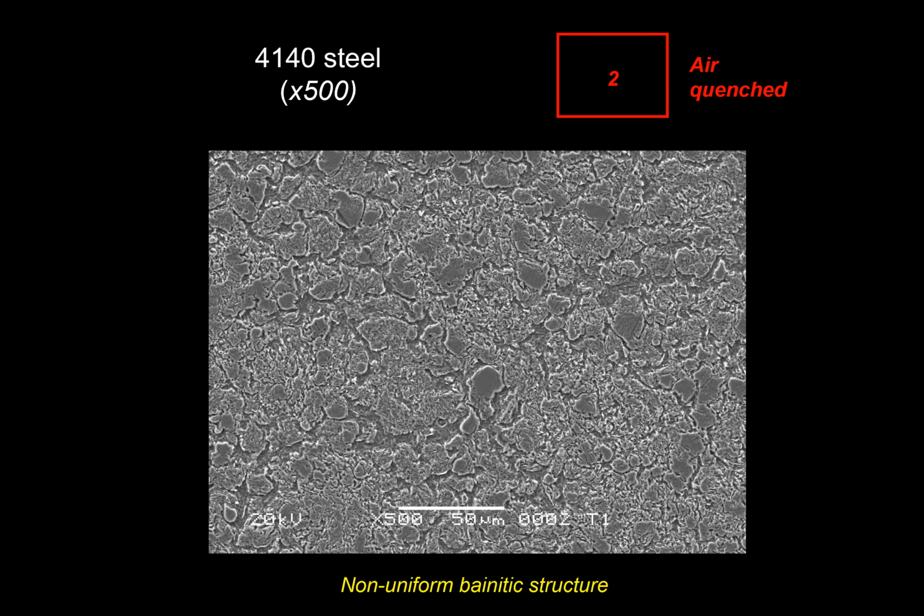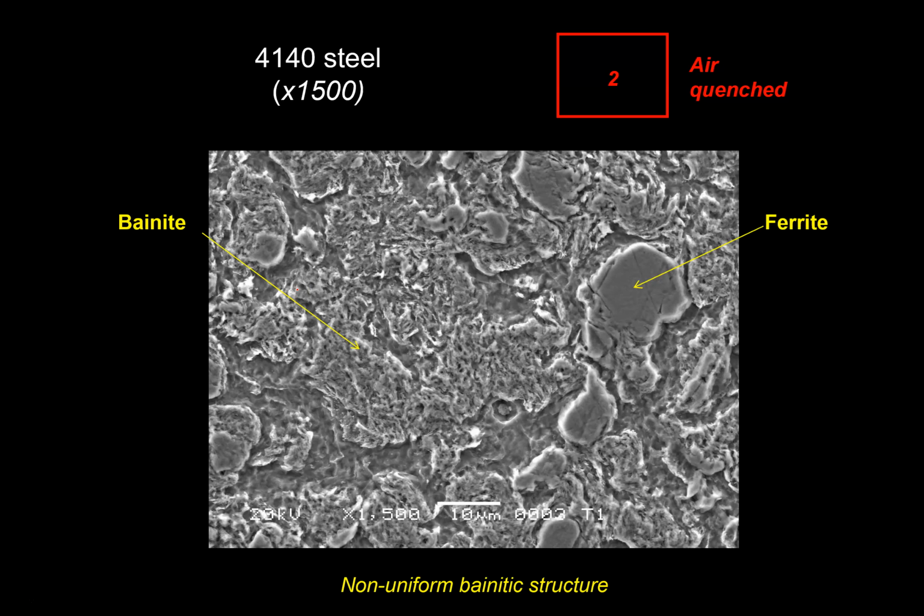So on the other side, the air quench specimen for the 4140 steel is going to show more of an inhomogeneous microstructure. If we take a closer look at 1500 times, it's made of two types of crystal. You have some plain crystal of ferrite. These are the BCC crystal. And we have some grains that are a little bit more distended.